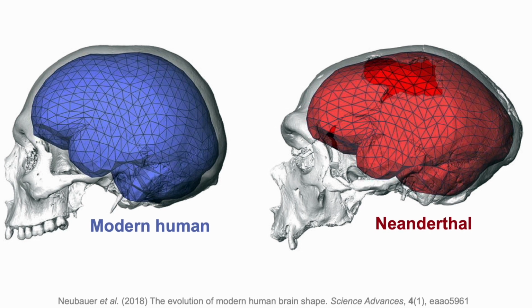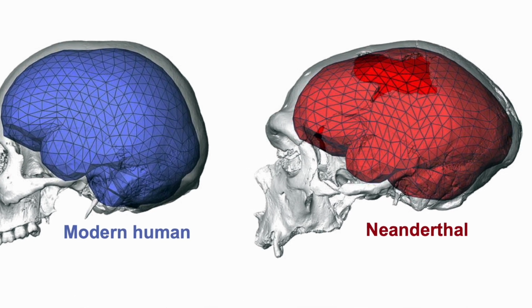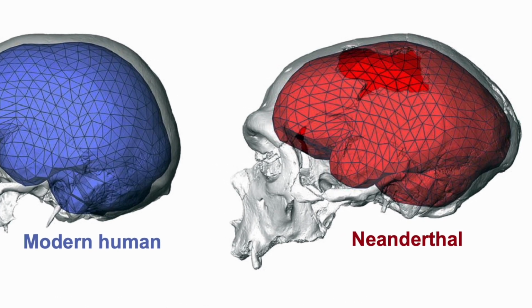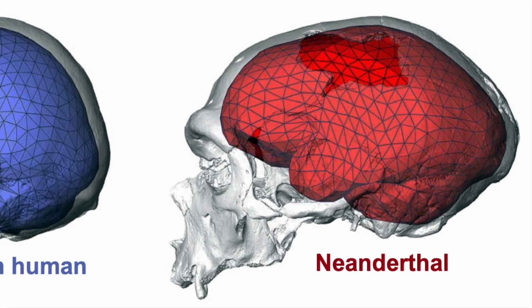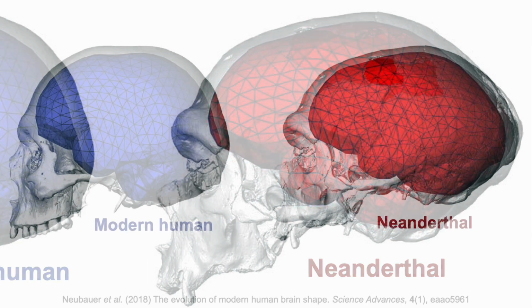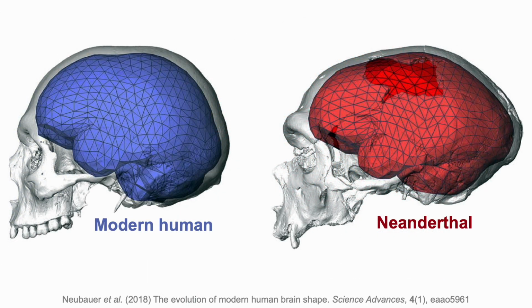But significantly, if you look at the Neanderthal brain, it is quite different in shape, has a more elongated and less bulbous globular shape. And looking at endocasts, we can tell that based on shape, Neanderthal and modern human brains may have functioned or operated in slightly different ways.